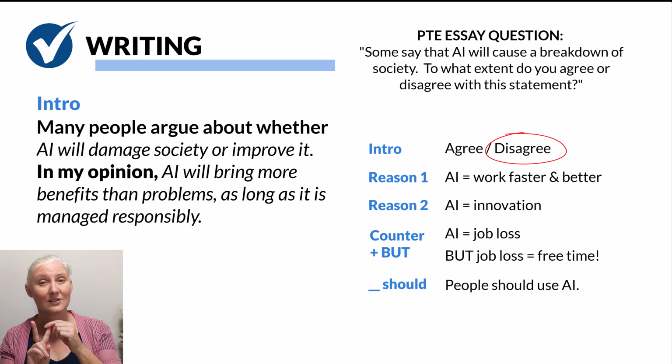So the first sentence is announcing a general theme. The second sentence is giving the opinion. So, many people argue about whether artificial intelligence will damage society or improve it. In my opinion, AI will bring more benefits than problems as long as it is managed responsibly. Done. 2 sentences, it's enough, okay?